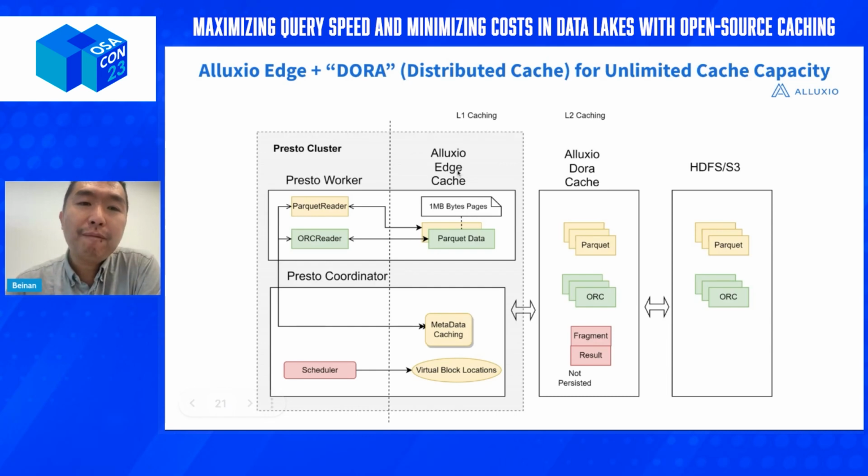So we put the Alluxio Edge cache on both the coordinator and the Presto workers. On the coordinator, it works like a metadata cache, and on the worker, it works as a data cache. For the Alluxio Edge cache, as I mentioned, we use the local disk, but you may have some concern that the local disk will be very limited. So you can put in a second level cache.